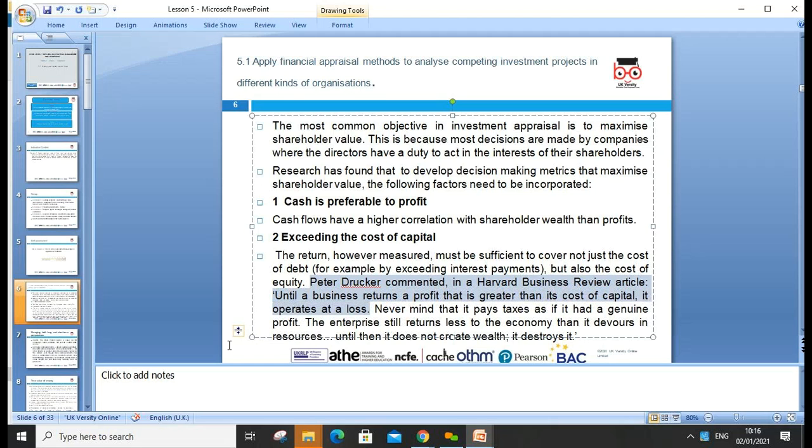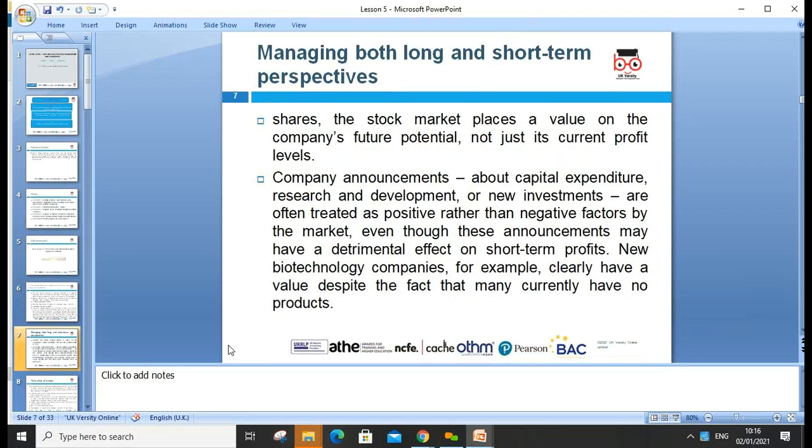Otherwise it operates at a loss. It pays taxes if it has genuine profit, but the enterprise still returns less in economic terms than the resources deployed, so it does not create wealth, it destroys wealth. So we need to look at how we create wealth.